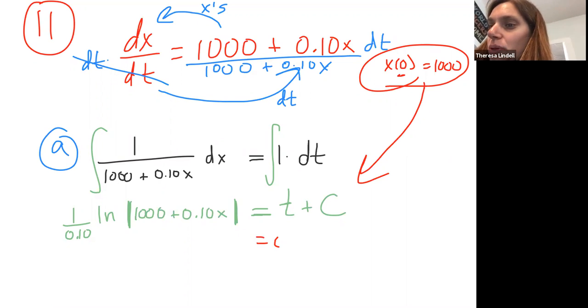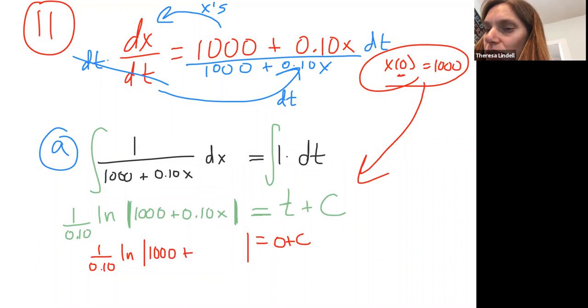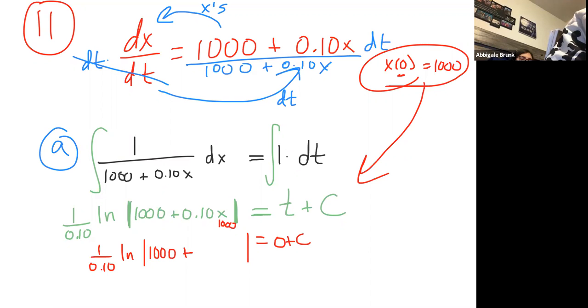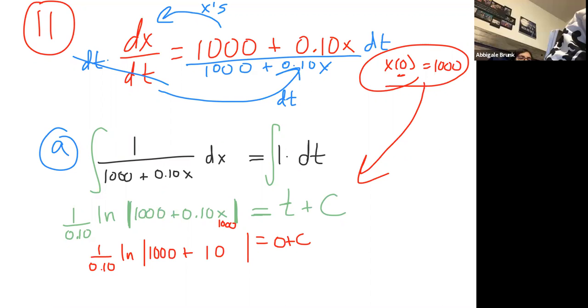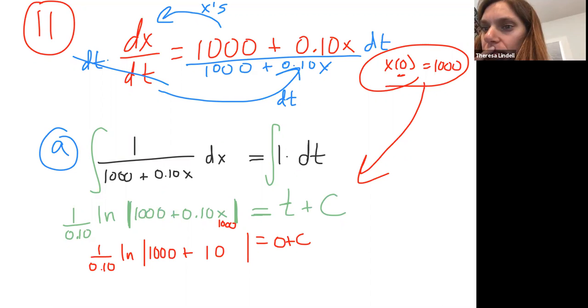So we're gonna have 0 plus c equals, and then we're gonna plug in 1,000 for the x. What's 0.10 times 1,000? Isn't that just 10? Because it moves the decimal place twice. It's 100. Oh, never mind, because it's 0.10, not 0.01.